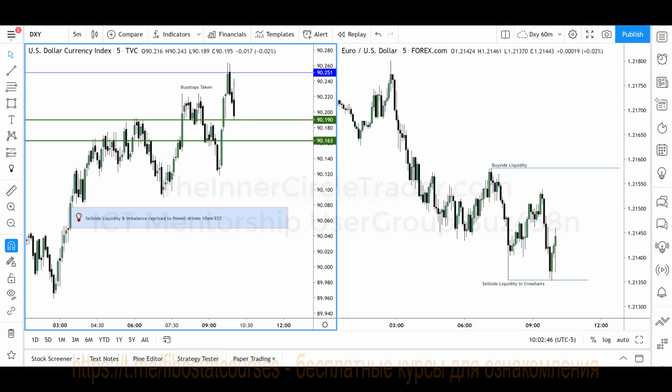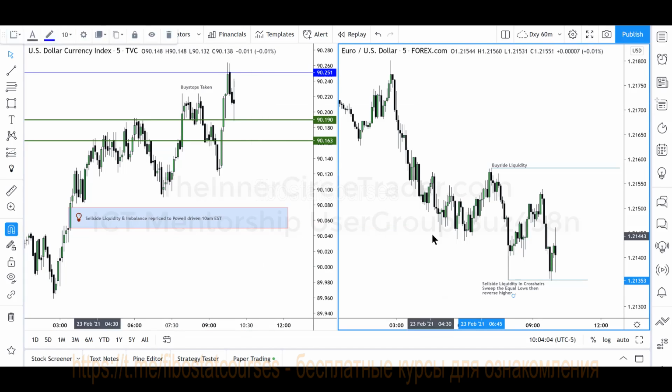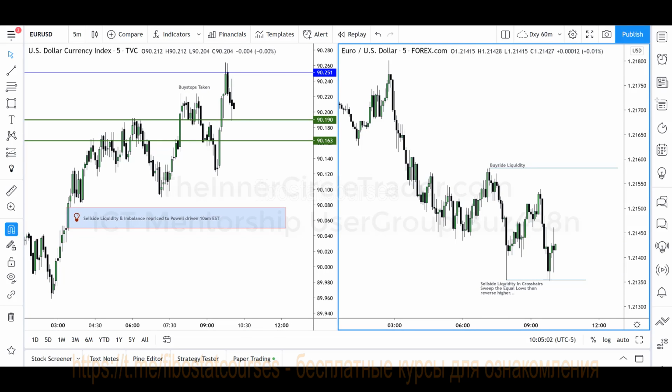Annotating the buy side liquidity pool being taken, or buy stops being taken on dollar. And I'm looking to see if it makes an attempt to go below those relative equal lows and then still run those buy side liquidity pool on the euro.